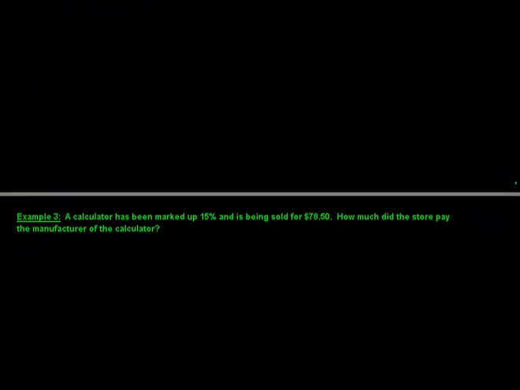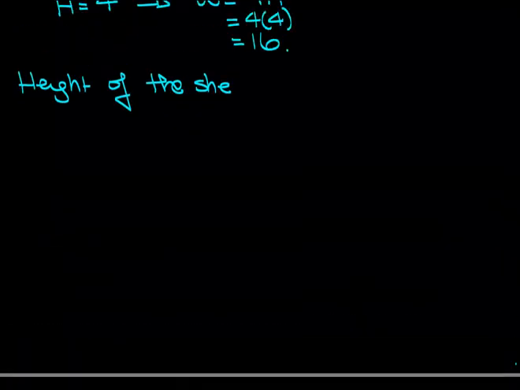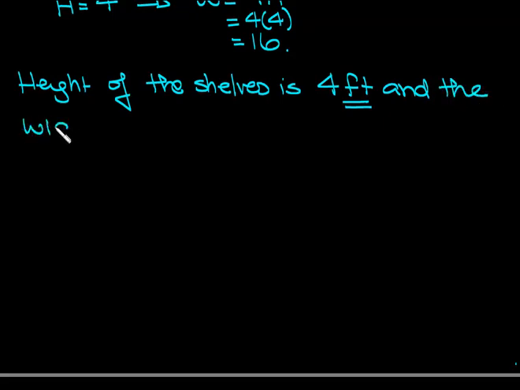Whenever they ask you for dimensions, they're asking for both the length, the width and the height. The height of the shelves is 4 feet. Remember to put the units in. And the width is 16 feet. And that's your answer.